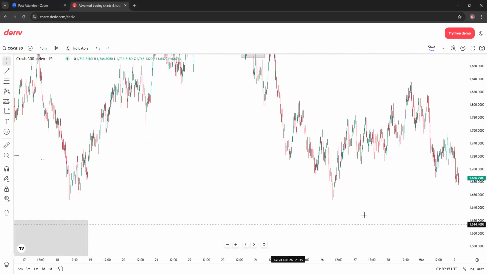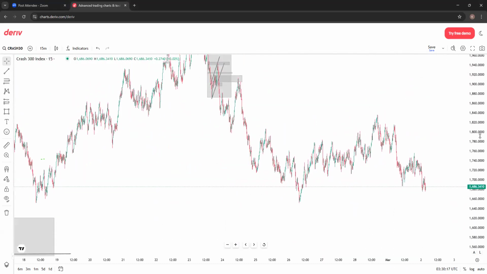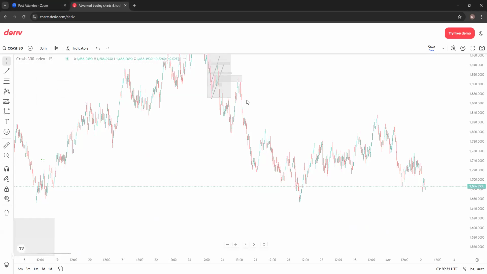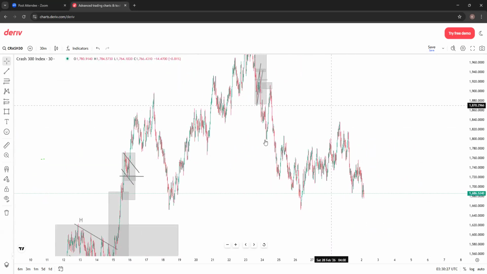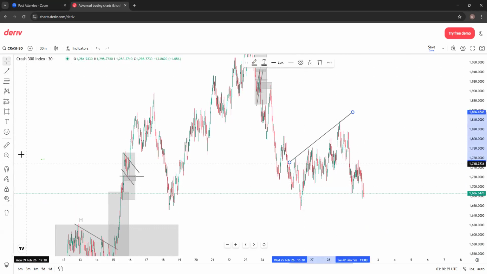Right, with this flag over here, but this leans more towards a much bigger time frame, say the M30. I want you to see something. What you see is we have a flag, and if we mark it, it's going to look like this.